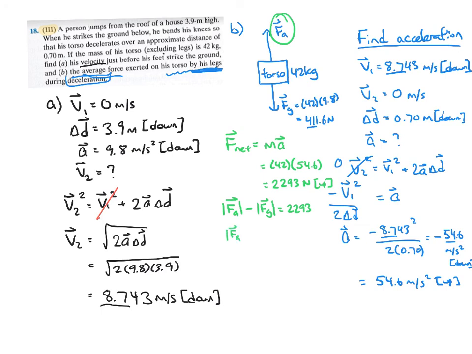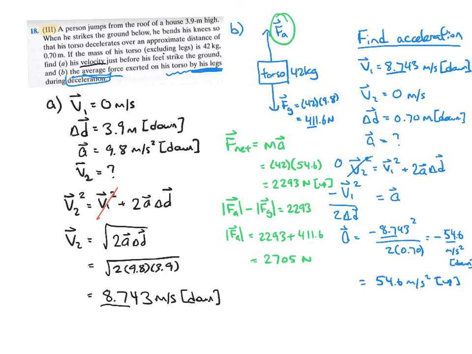So the applied force will equal 2,293 plus the force of gravity, which is 411.6. So I will add those two, giving me 2,705 newtons.